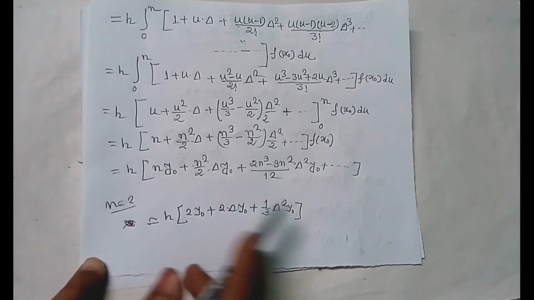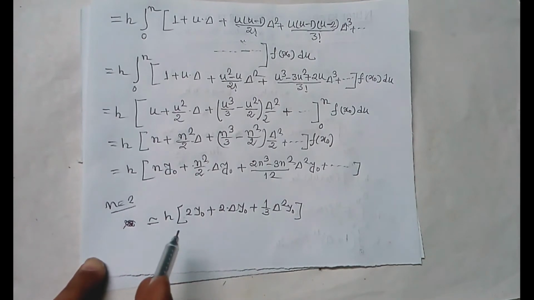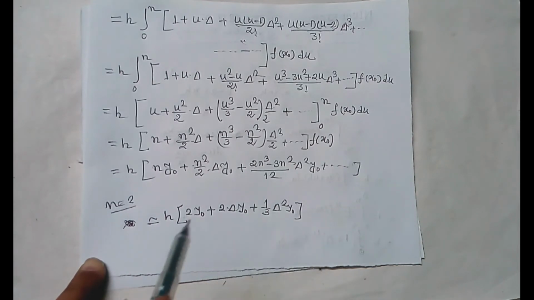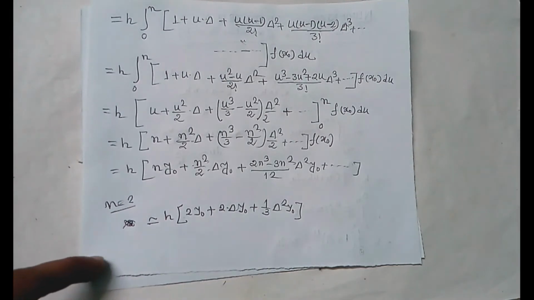All the remaining terms will cancel out because we have only 3 arguments, x0, x1, x2. So we have only 3 entries, y0, y1, y2. With these 3 entries, we can calculate the forward differences up to second order. So all the subsequent forward differences are 0. So if we put n equal to 2, then we find this expression.